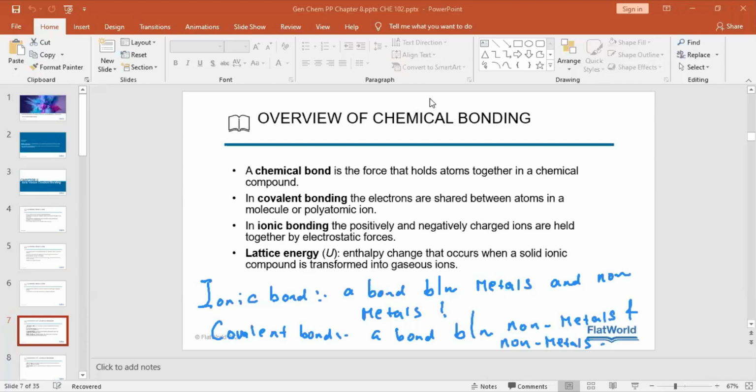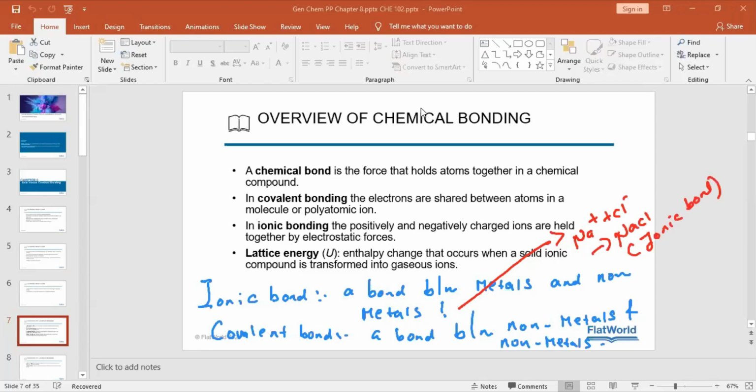An ionic bond is mostly formed between metals and non-metals. A covalent bond is a bond between non-metals and non-metals. Having said that, for example, a common one would be sodium and chlorine, sodium chloride. This can be a good ionic bond.